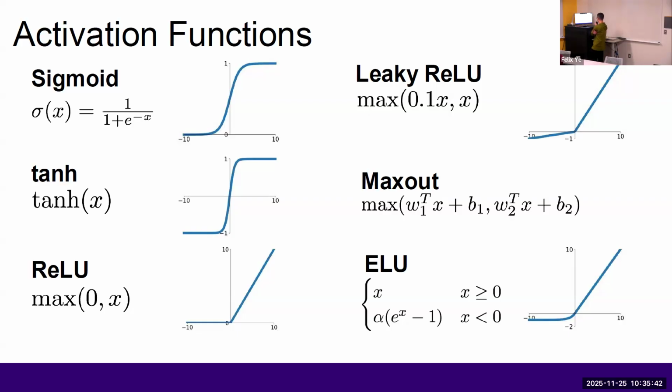This is still discontinuous, but once x is less than 0, the function looks like 0.1 times x instead of x. Maxout and ELU are also very famous ones. Basically, ELU has a smooth transition. It looks like ReLU, but it has negative values when x is less than 0. All right, so we are going to talk about these one by one.